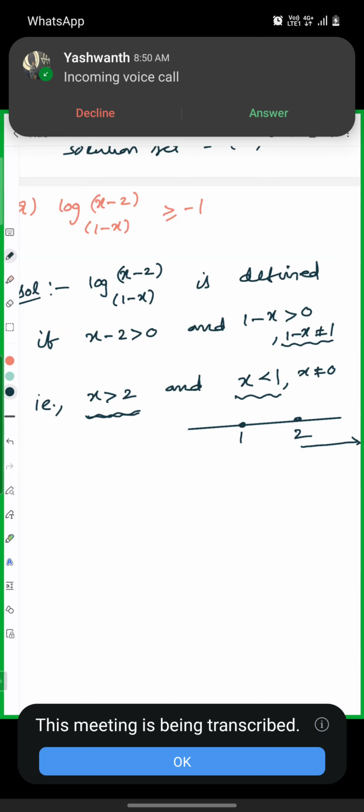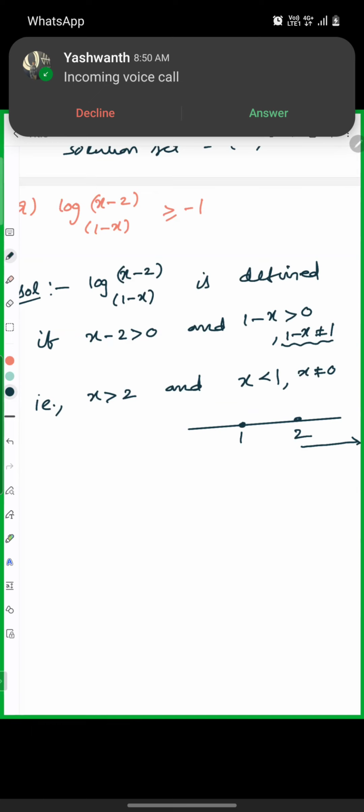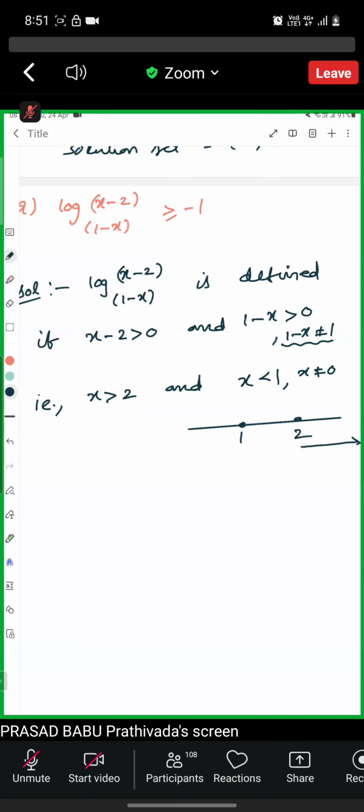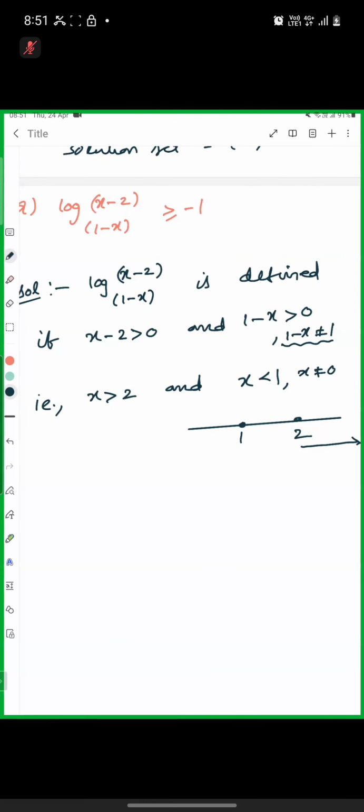All of you are going wrong. Just now I said that to find the intersection of two inequalities, you take a real line and mark the real numbers that are there in the two inequalities in ascending order.